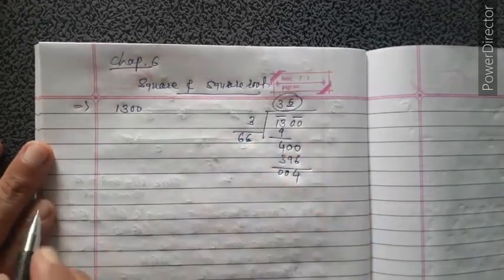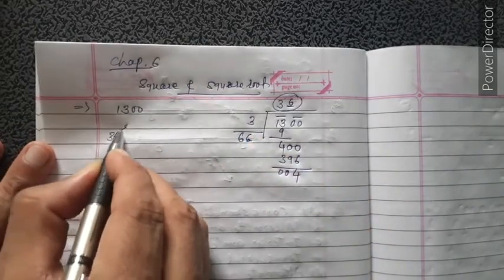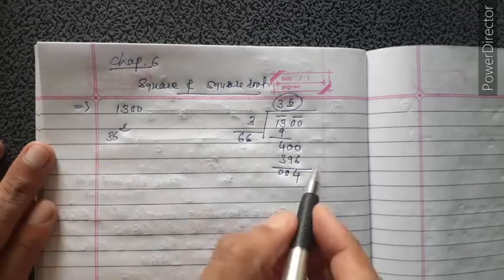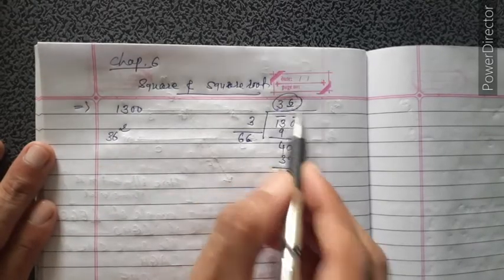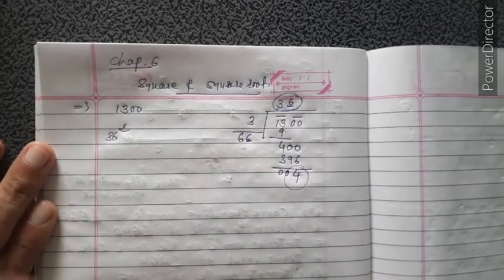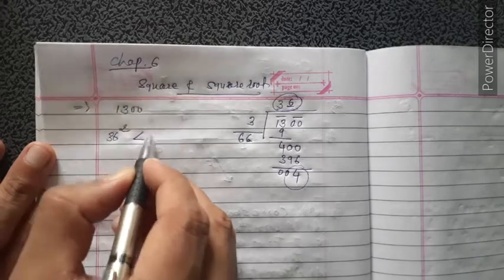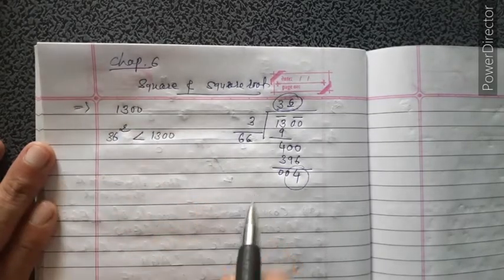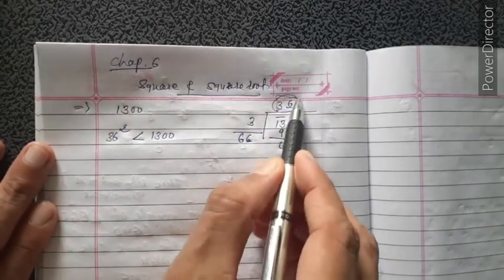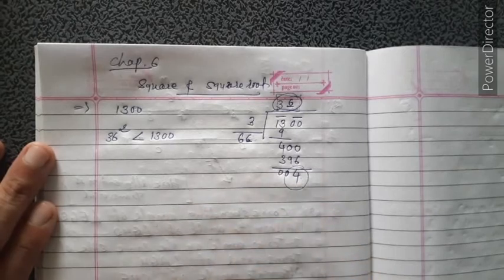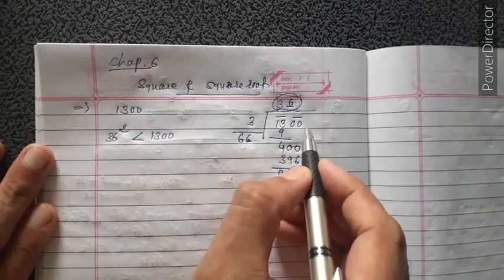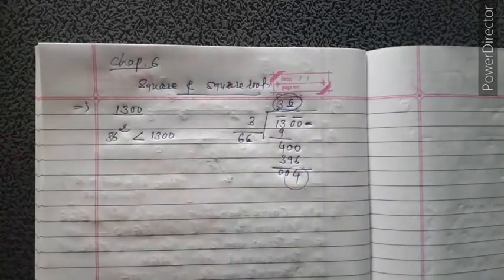Here 36 is the quotient, meaning 36 squared. After subtracting 36 squared, we have 4 remaining, so 36 squared is less than our number, 1300.